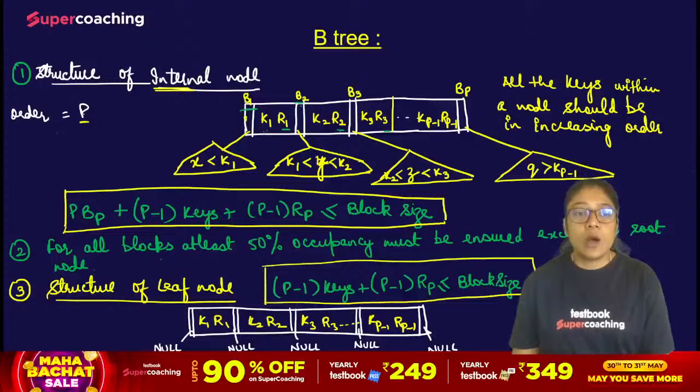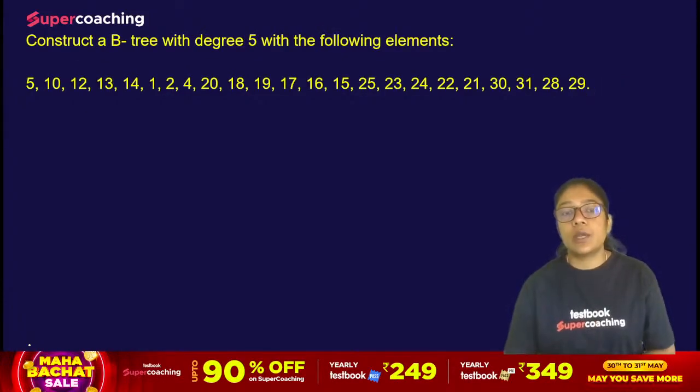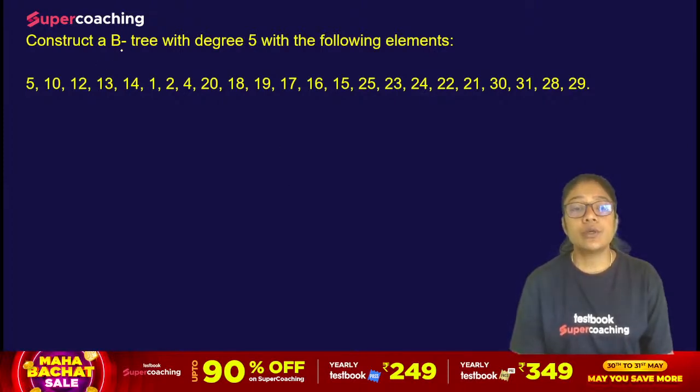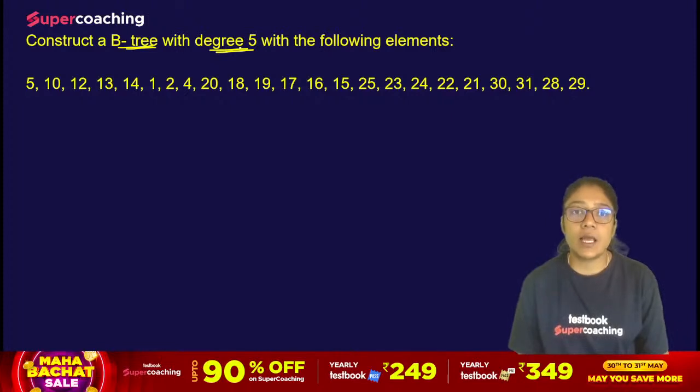Now let's talk about how to construct a tree from a given set of elements. We want to construct a tree with degree 5. Degree is given as 5, or order is given as 5. What does it mean? Guys, what do you understand by the degree of a B tree being 5?